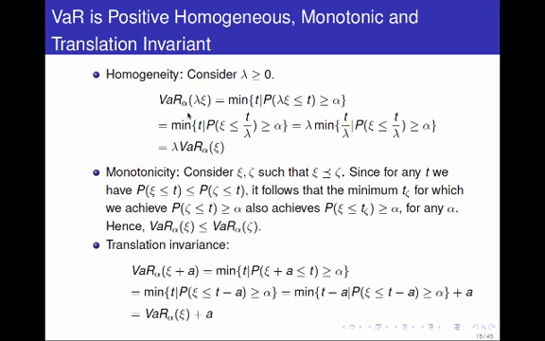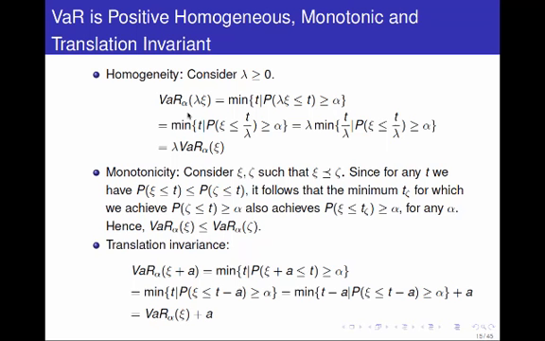I'm going to go to the third one, which is translation invariance, because it's a very similar argument. So VAR of something random plus a sure constant a. All I'm doing by definition is adding the sure constant here. Then I bring it to the right-hand side, so t minus a. And then I'm saying that same rationale as here.